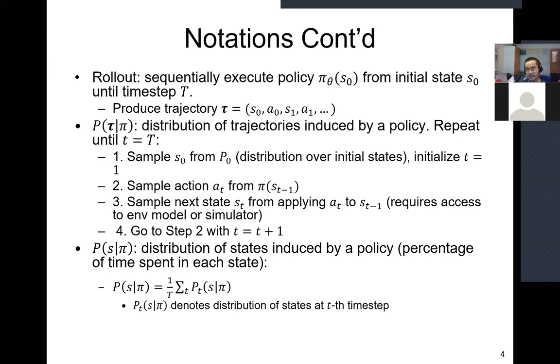On average, do you stay in one state for a very long time, or do you stay in every state for about an equal amount of time? For driving, maybe 90% of the time you're driving straight ahead, and maybe 10% of the time you're braking hard, and so on. That's the state distribution.